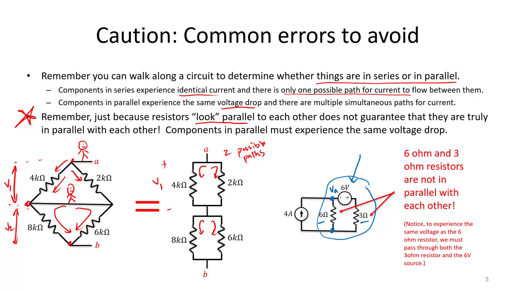If I go from point VA to point VB, the 6 ohm resistor has a voltage drop of VA minus VB. If I go across, in order to get that same voltage drop VA minus VB, I would have to walk through both the 6 volt source and the 3 ohm resistor. So the 6 ohm resistor and 3 ohm resistor are not in parallel with each other.